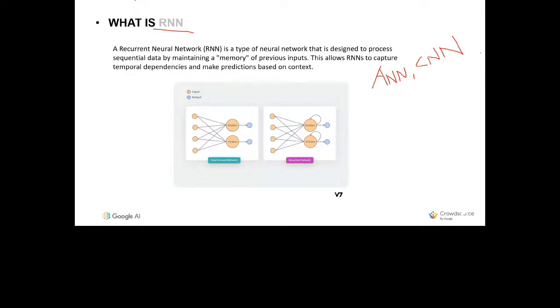A DNA sequence, so anything that has a series, that is sequential, could be a data set for the recurrent neural network. Right? So this is an important word: sequential. So in ANN we work with numerical values, in CNN we work with images, and in RNN we are working with sequential data.